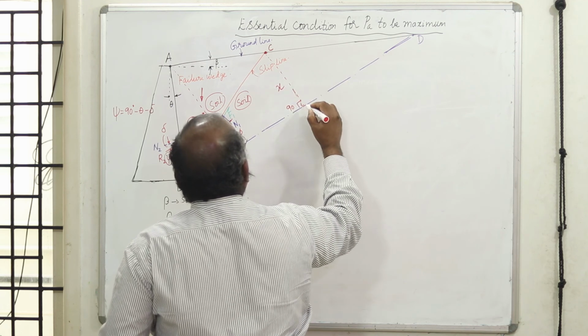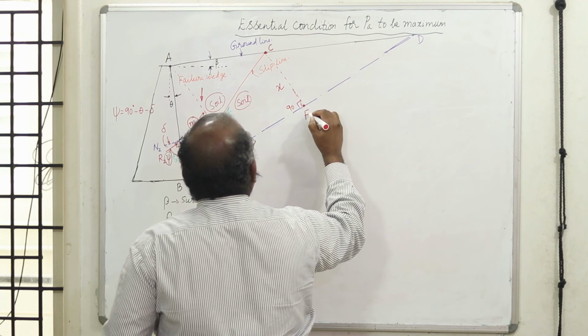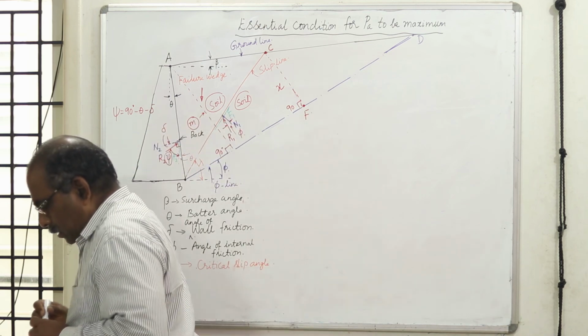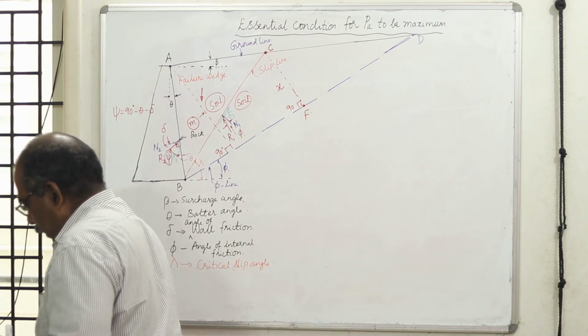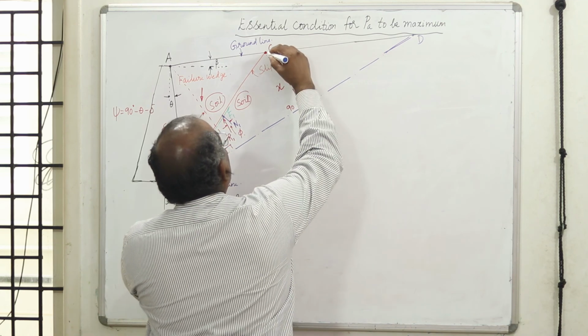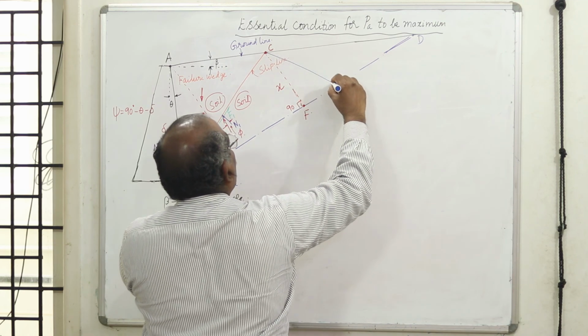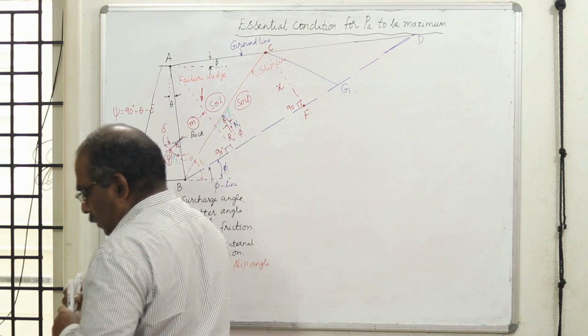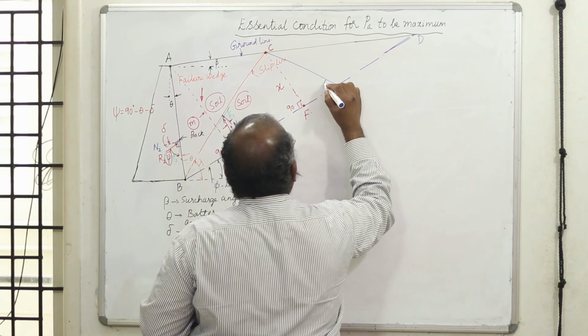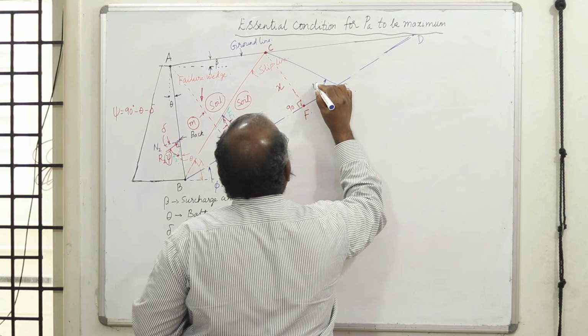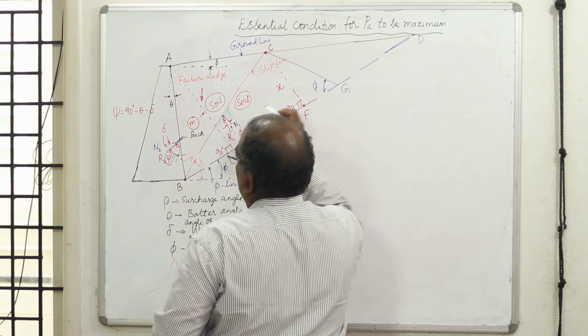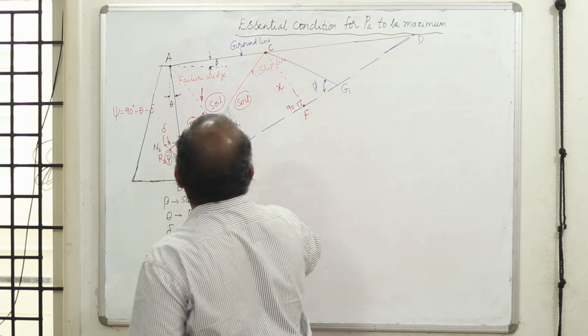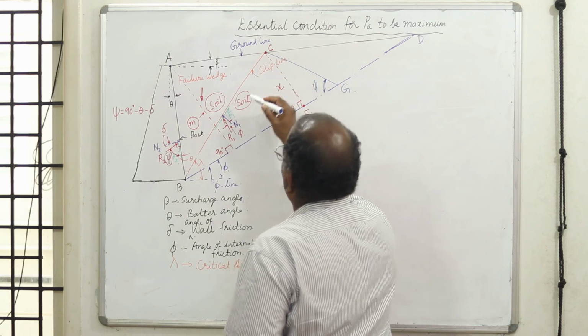Let us call this X. Let me call this CF. Then let us draw a line CG, such that this angle equals psi, where psi is equal to 90 degrees minus theta minus delta. Now we have formed one triangle.